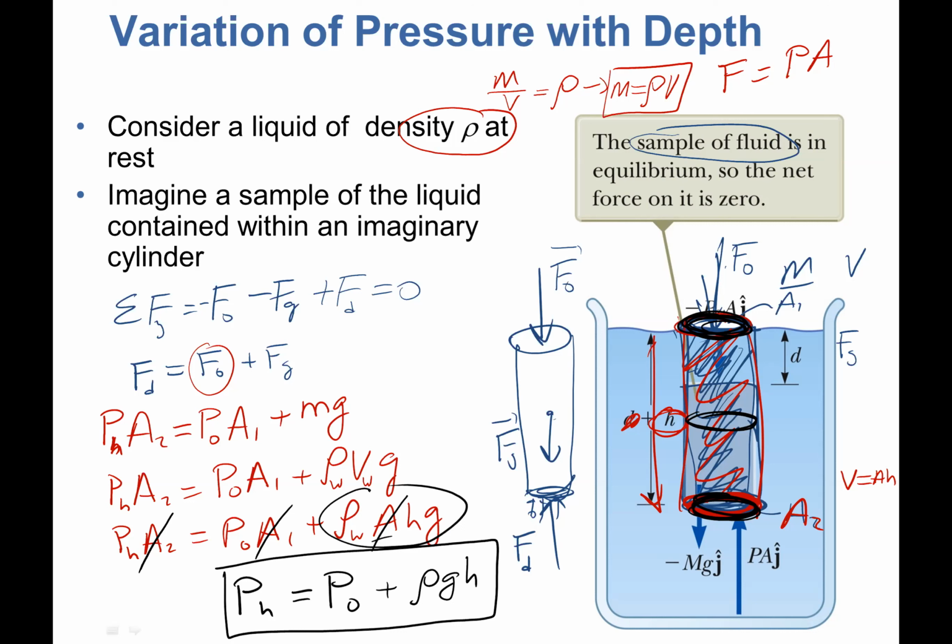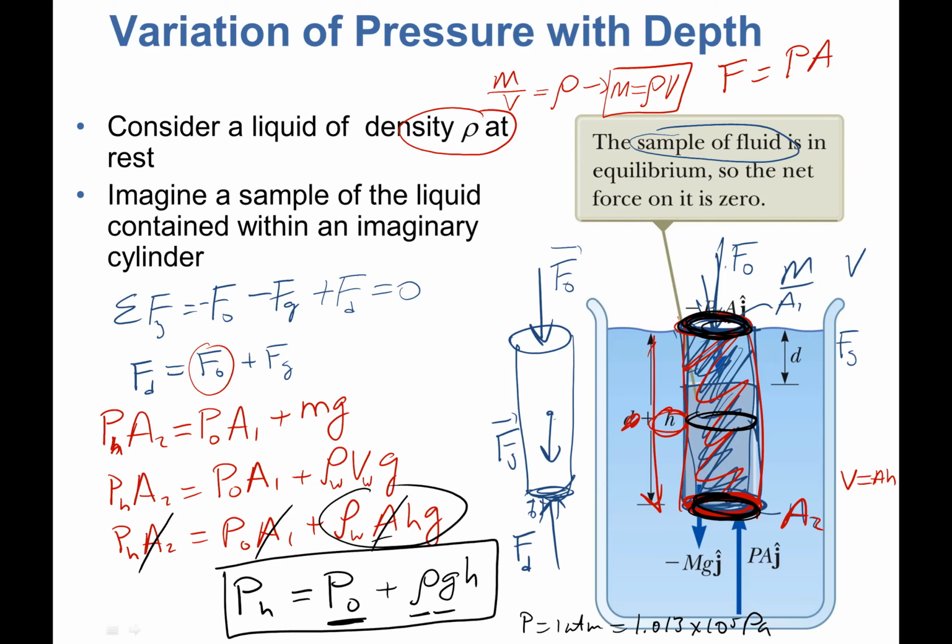That means you can use this equation to calculate pressure at any depth. You can see this is the atmospheric pressure at the surface, and we know that it's just 1 atm, or 1.013 times 10 to the 5 Pascal. This is the density of the fluid. It could be water, it could be oil, depending on what you have.